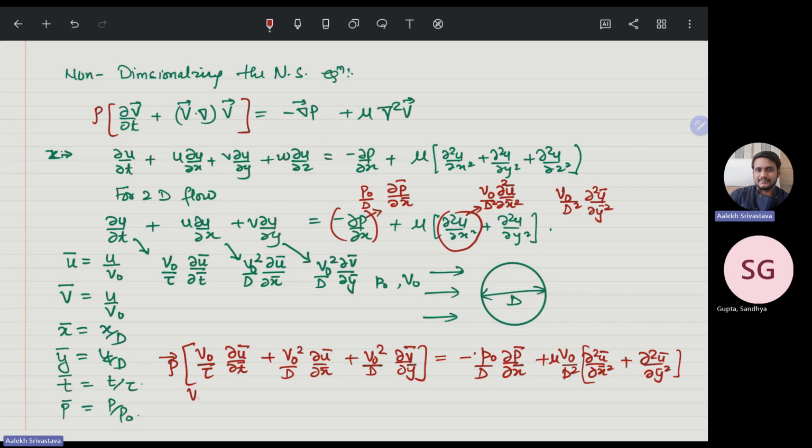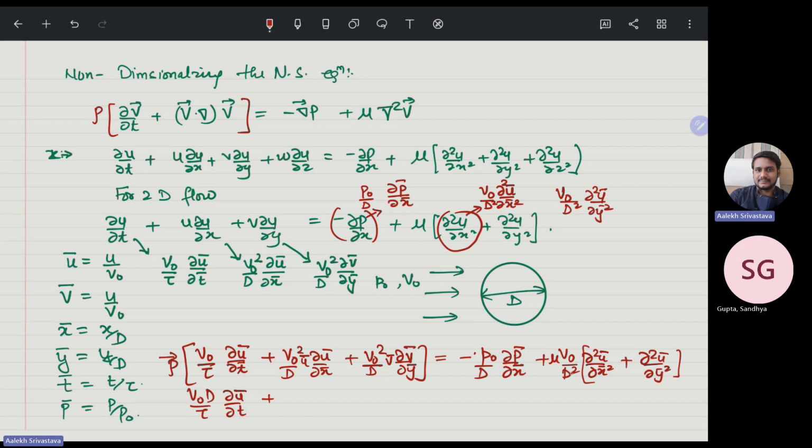Okay, so it is v0 d by tau del u bar by del t bar. Now v0 d by tau, this term will have rho gone at that side. It has u bar and v bar.